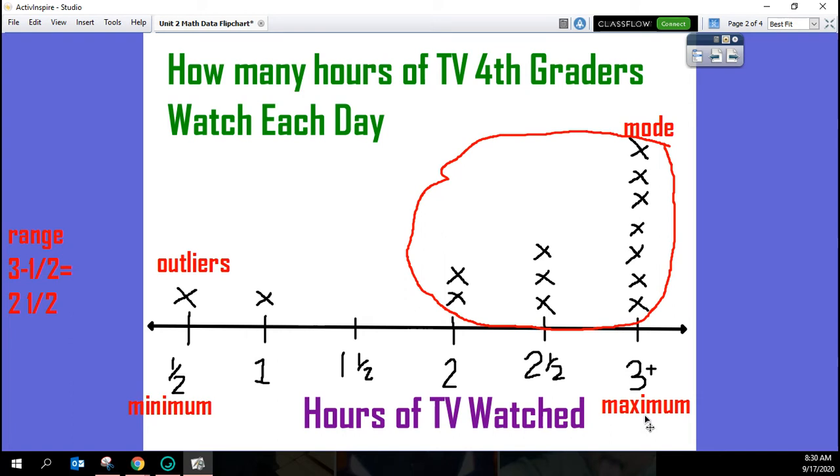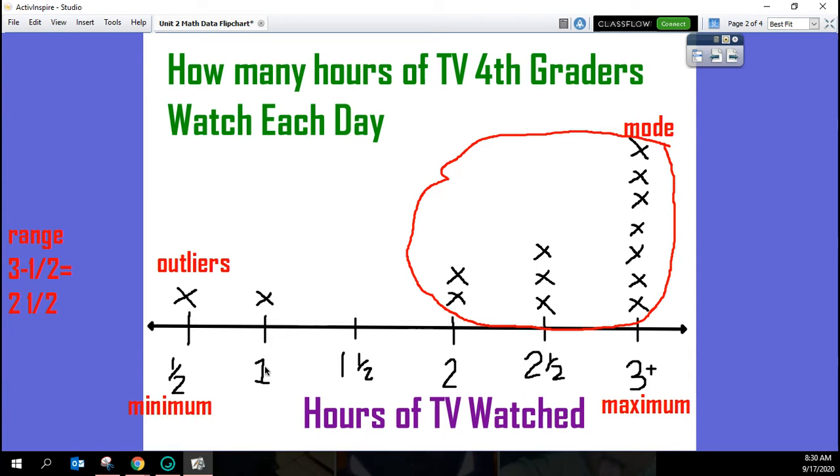So our minimum is going to be our smallest value that we have data points for, and I see an X over 1/2 hour. So we know that we had a student who watches about 1/2 hour of TV every day, and that's our smallest value that's represented. So that's our minimum.